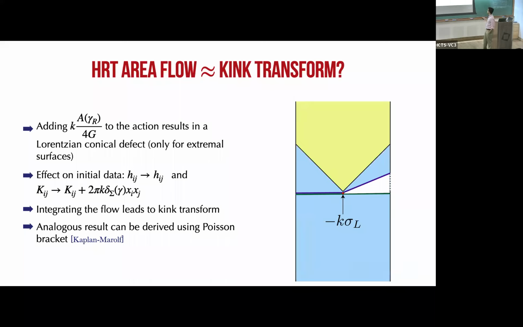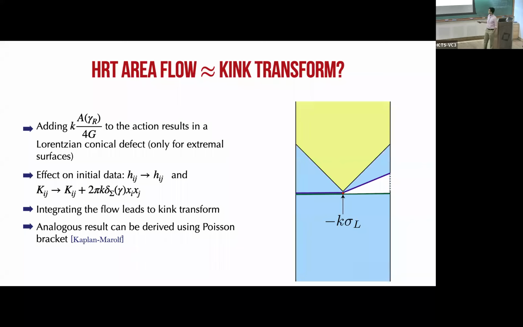As we can see from here, there's continuity in the induced metric, so Hij stays Hij, but there's a kink in the extrinsic curvature, and that picks up a delta function, with some coefficient that's fixed by the coefficient of the area operator that we added to the action at linearized level. This is precisely what the kink is after we integrate it to finite values of k. And that's a derivation of what I claimed.